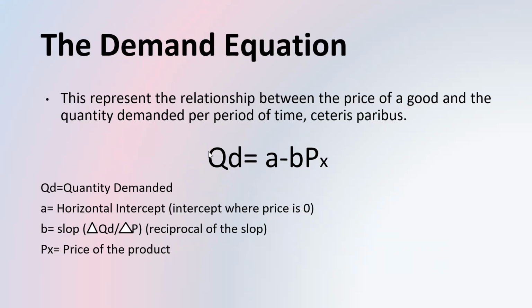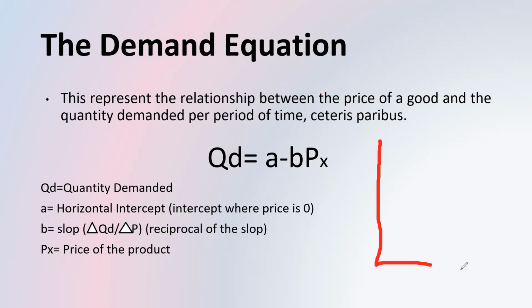In the demand equation, the A means the value when price equals 0. When price equals 0, how much is the value for quantity?